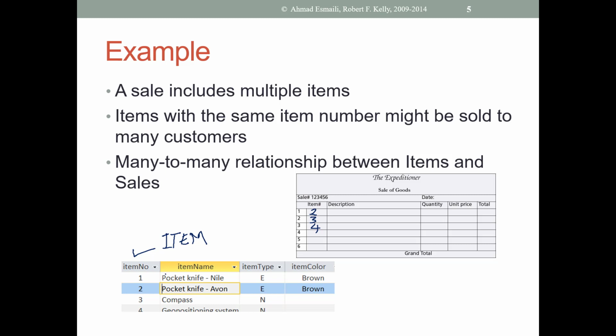Now, the same item, right? You have a pocket knife, which is Avon brand. It may be the case that this is very important. If this is a very important item, then you should expect that a lot of people are coming to the store and buying this item. So the same item can appear in multiple sales.